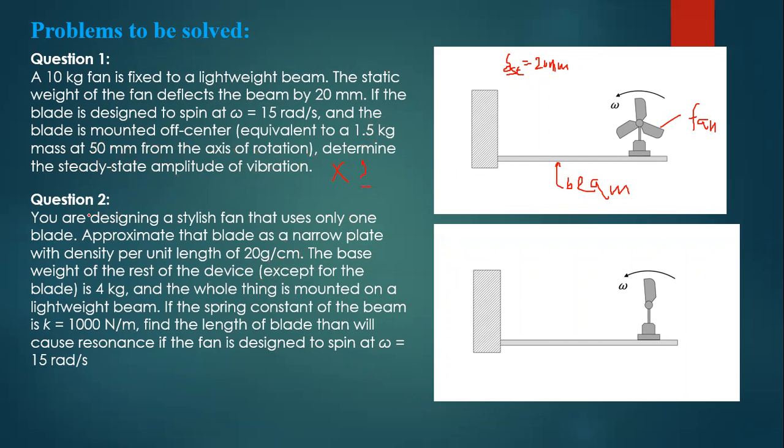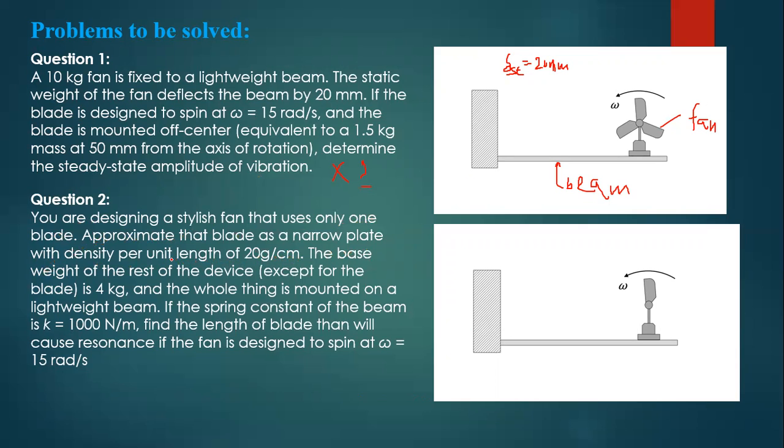The second question is: you are designing a stylish fan that uses only one blade. This is a different design concept, using a single blade for the fan. Approximate the blade as a narrow plate with density per unit length of 20 grams per centimeter.